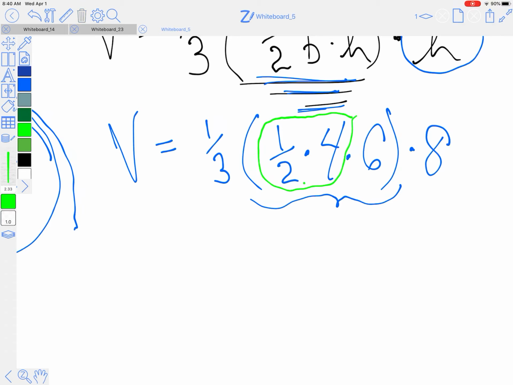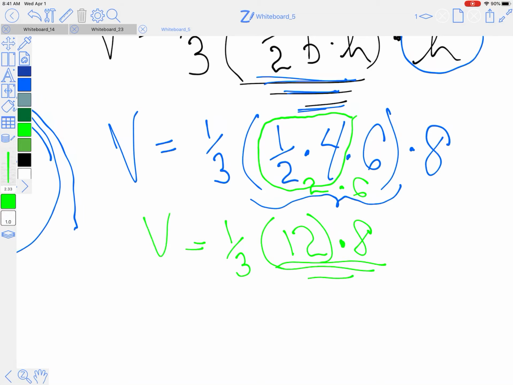Half of 4 is 2 times the 6 still is 12. So I've got 12 times 8. And just like I said before, if we figure this part out first, 12 times 8 is 96.